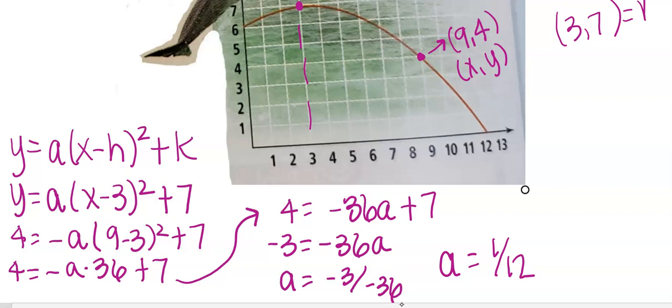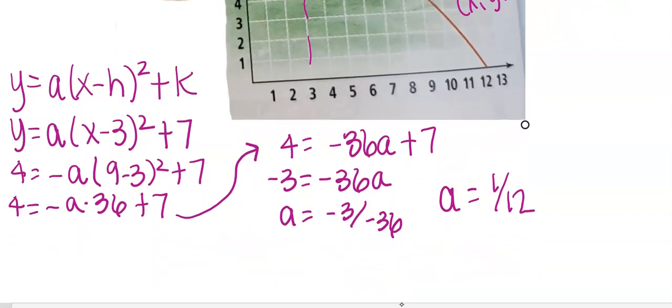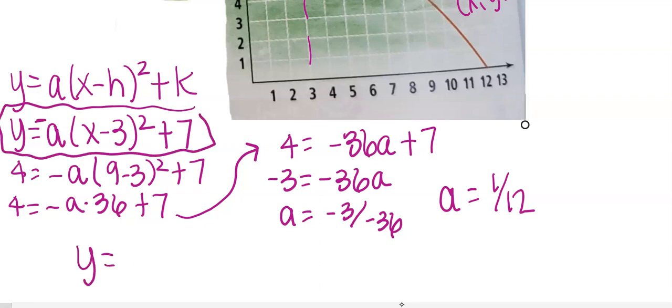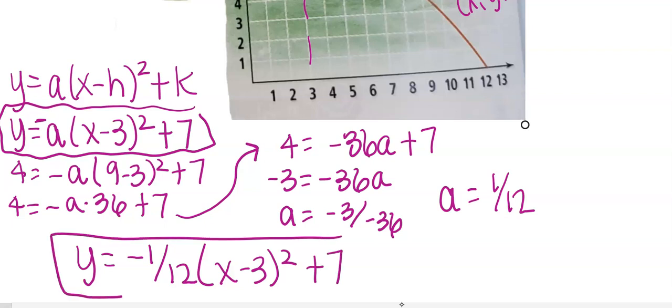So now I'm going to rewrite it. It looks like this. I'm basing it off of this one right here. So y equals, since there's a negative there, negative 1/12 times x minus 3 squared plus 7. I did add my negative back in there.